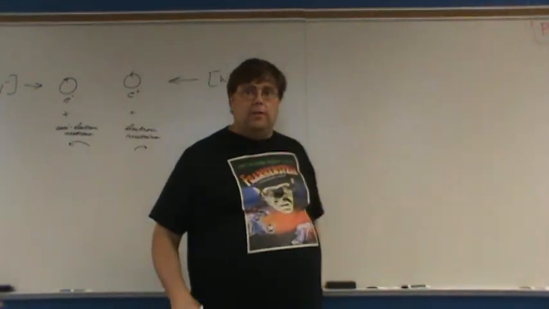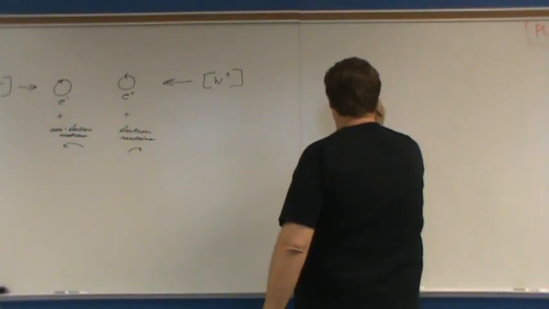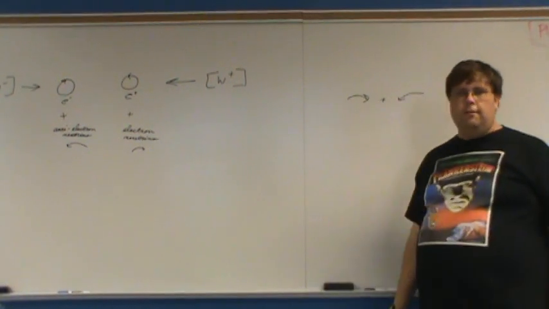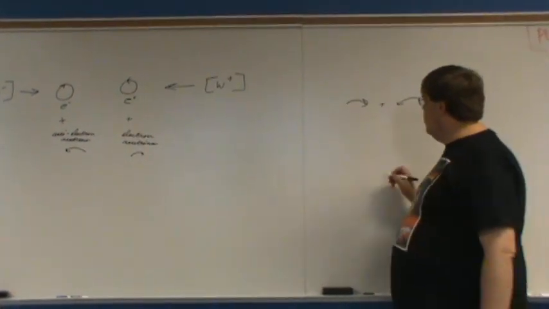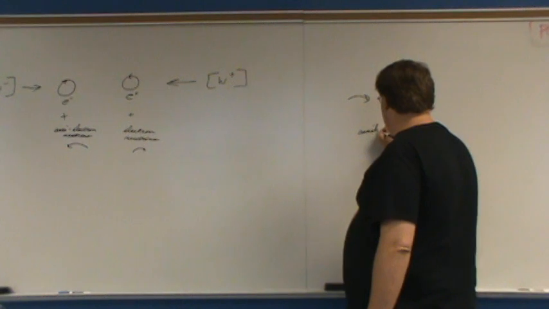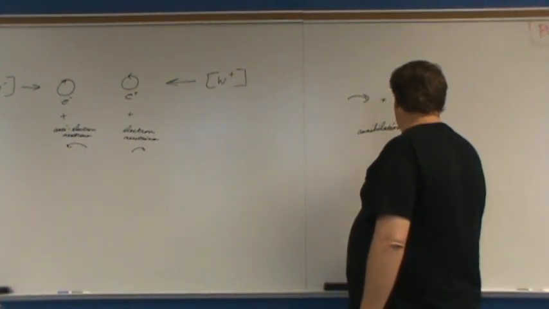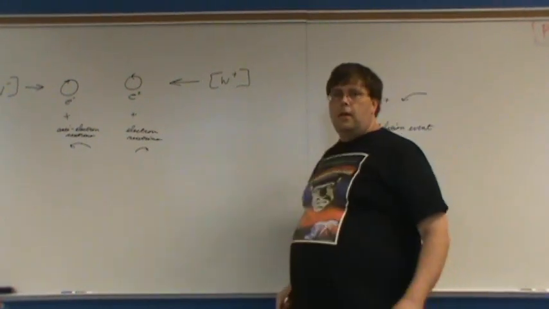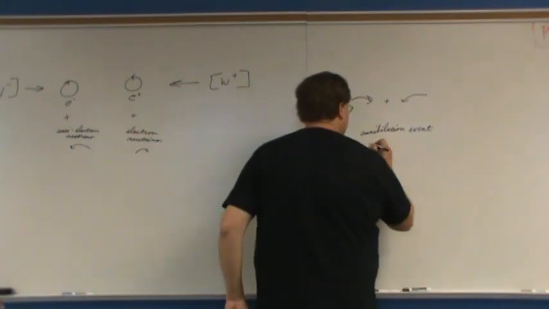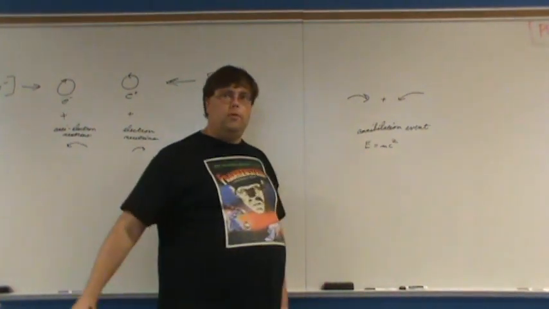Now, why do I say this? Okay? Because if you were to take an electron neutrino and an anti-electron neutrino and have them interact with each other, they would go through a process called annihilation. Simply put, an annihilation event would occur, E equals mc squared, Einstein's famous equation.